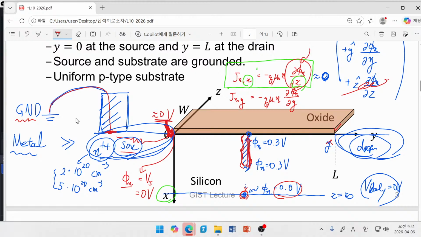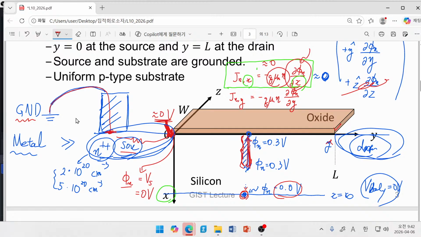But you have another way to make it 0. What is it? If you have almost vanishing electron conductivity, then regardless of the value of your gradient, you will also have zero current conduction.